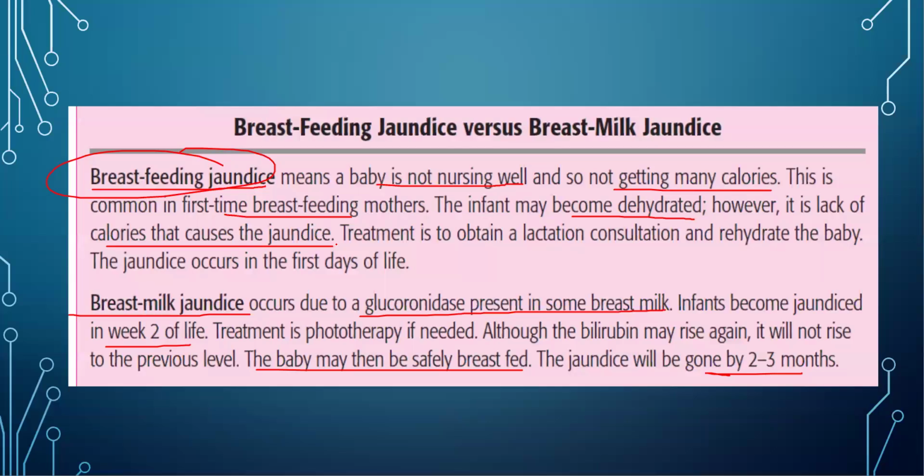Most of the time, first-time mothers are not aware that the child is not getting enough breast milk. So the child loses weight, loses calories, and that causes the jaundice. The treatment is to obtain a lactation consultation so that the mother understands how to breastfeed the baby, and then rehydrate the baby. Okay, so there is a difference between breast milk jaundice and breastfeeding jaundice.